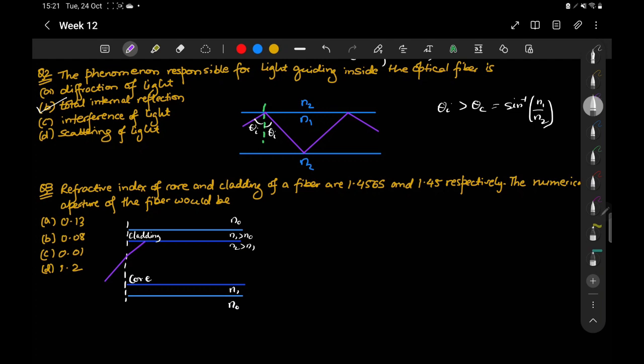This is how it goes, and then total internal reflection, and this is how the ray is guided. Let us draw normals. So this normal here and one normal here. This angle, let us call it I, and this angle, let us call it theta, and this angle is phi. This angle due to total internal reflection is also phi.